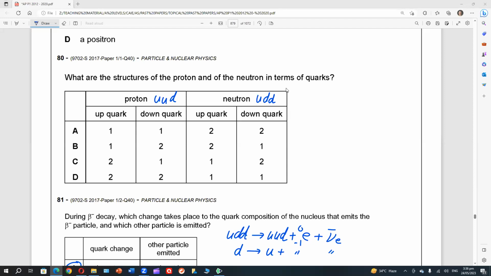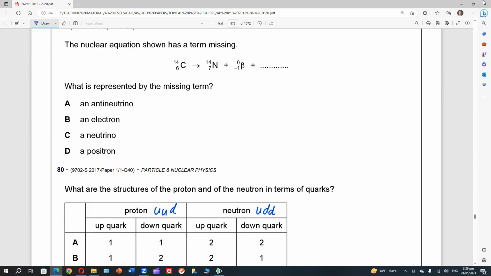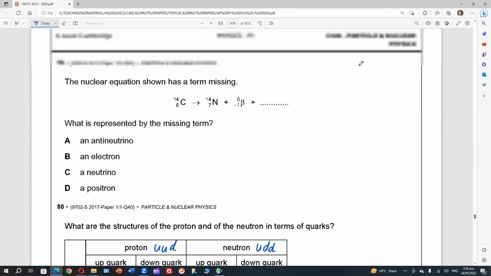Okay, you say C. It is right. The nuclear equation shown has a term missing.